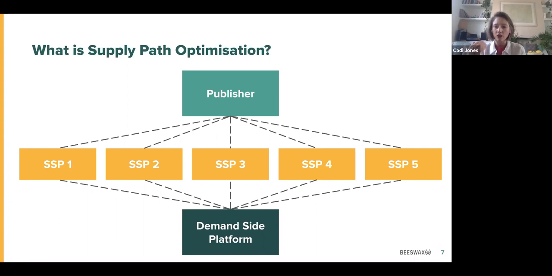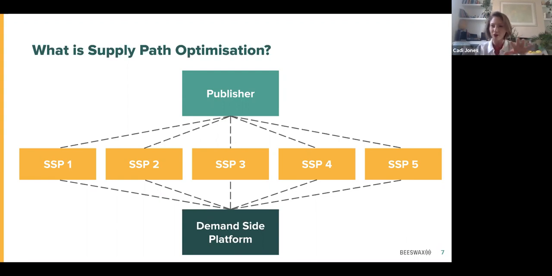So for each SSP involved, the demand side platform receives a duplicate bid request, or a triplicate, or a quadruplicate, or a quintuplicate. I couldn't even get up to 10, but you get the idea that there's a huge amount of overlap. And that has a lot of bearing on demand side platforms because their cost is generated by the volume of bid requests that they are processing.